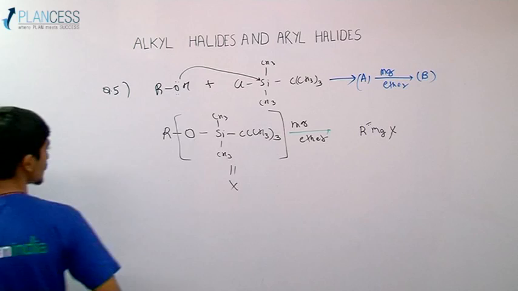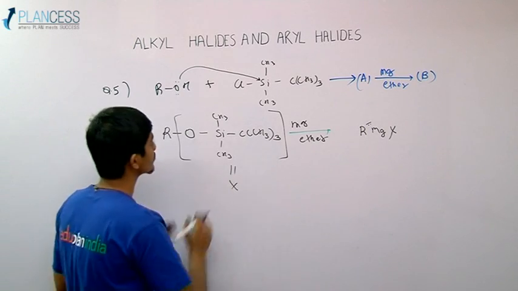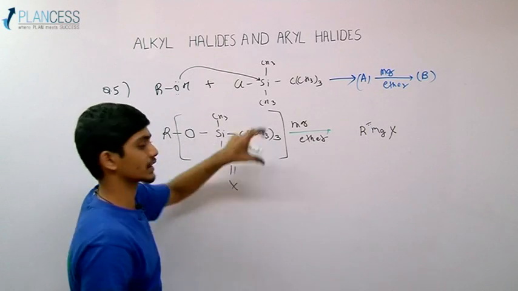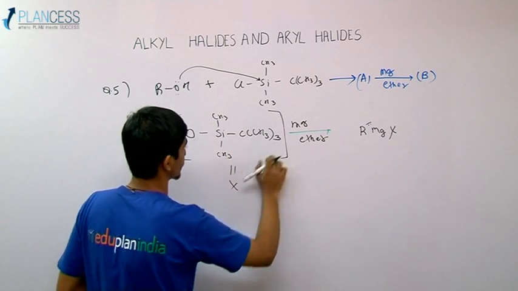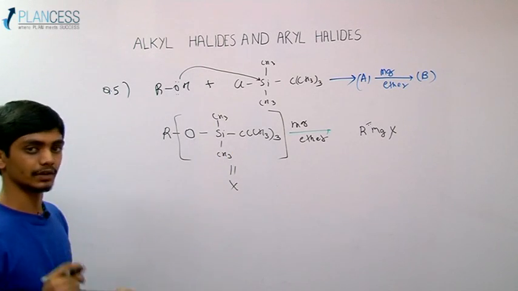So we have got a Grignard reagent. Instead of RX, here we have taken a protecting group. That is, here this is called a protecting group. Why is it called a protecting group?